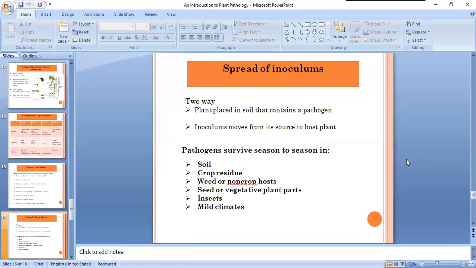Pathogens survive from season to season, meaning whenever the host is not there, the pathogen can survive in soil, in crop residue, and in weeds or non-crop hosts available on the border of the field. It can also survive on seed or vegetative plant parts, on insects present in those fields, or in mild climates.